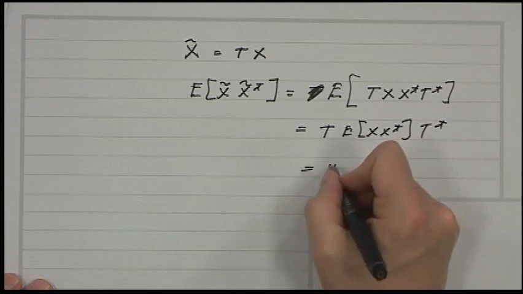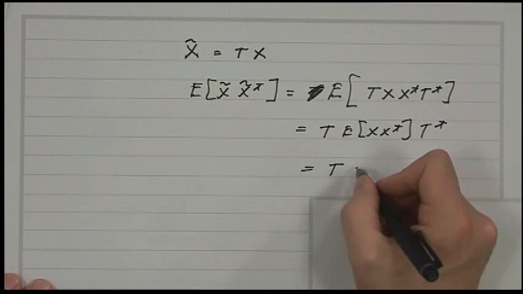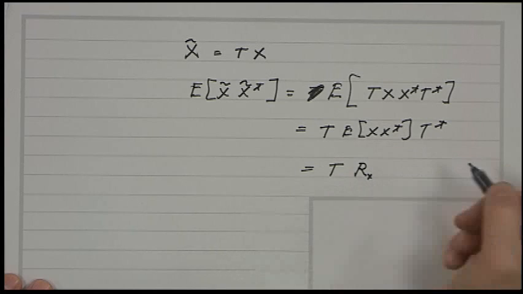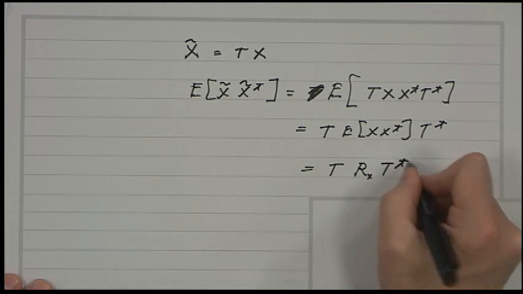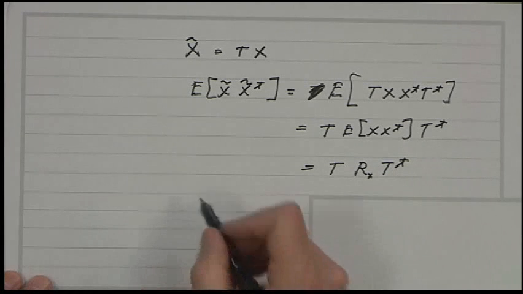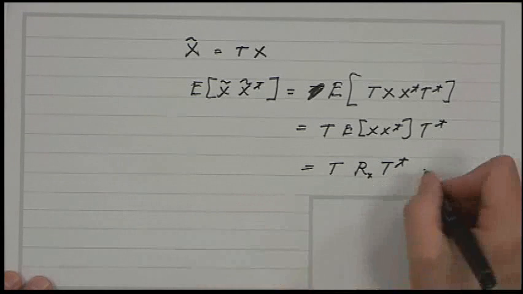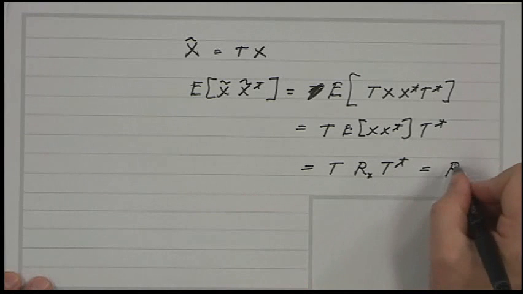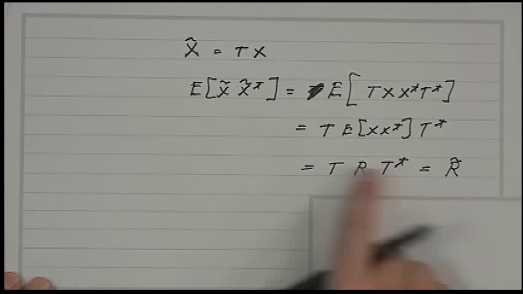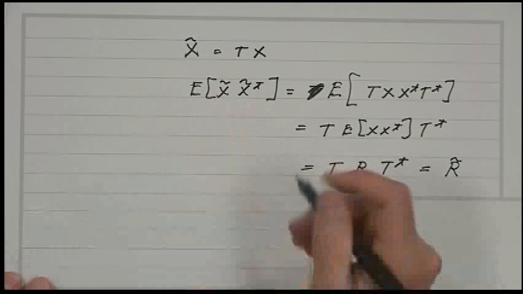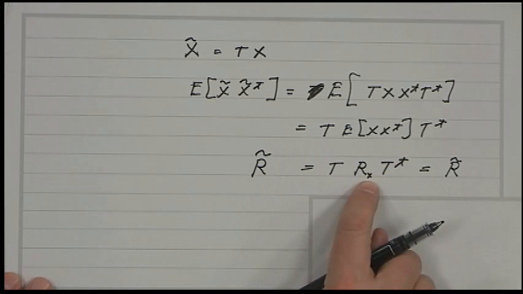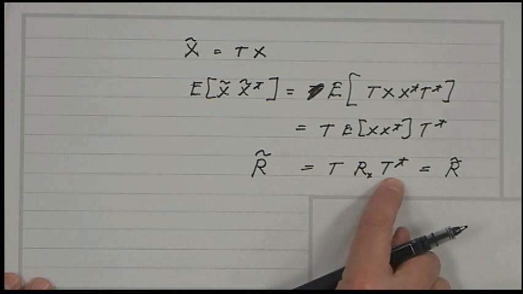So that's going to equal T, and this is R, I'll put here R_x, T transpose. Now I'll define this thing here as R tilde, because this is the covariance of x tilde. So R tilde is equal to T times R times T transpose.